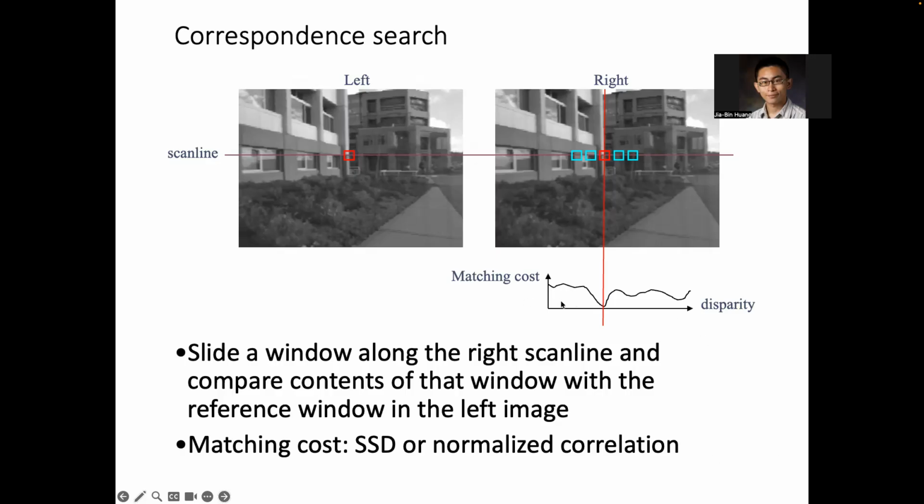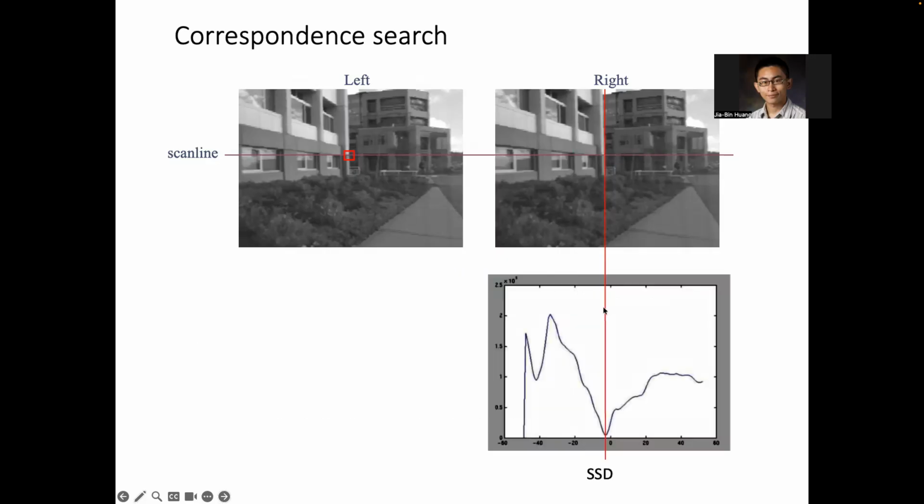So what you do is the following. For all the possible candidate disparities, you will find the one with the minimum. You scan through all the possible directions, and you'll find that you have some profile.